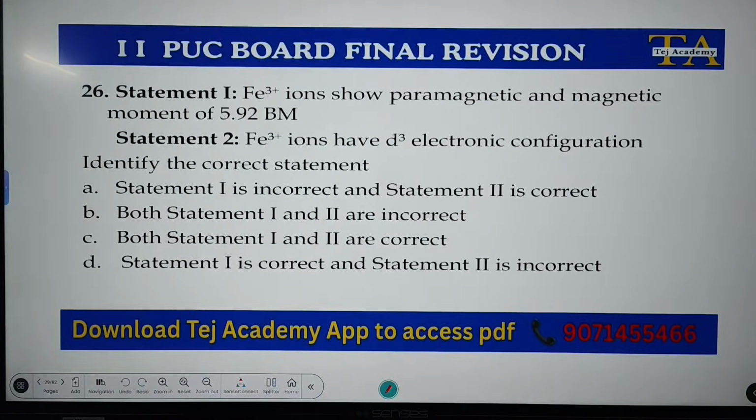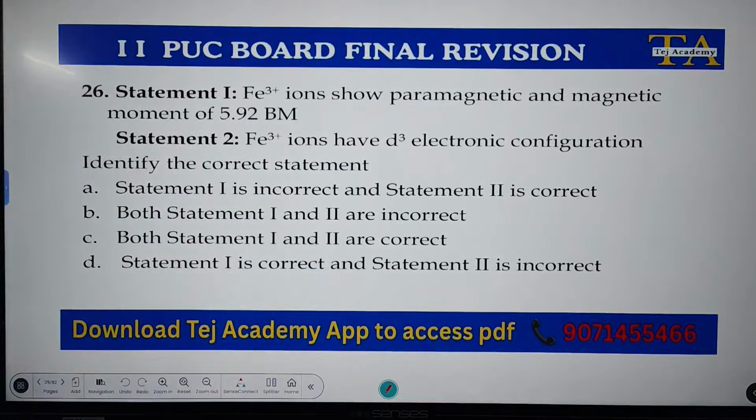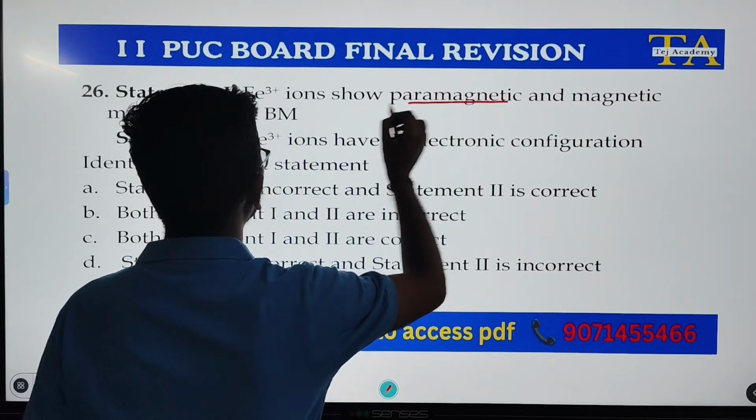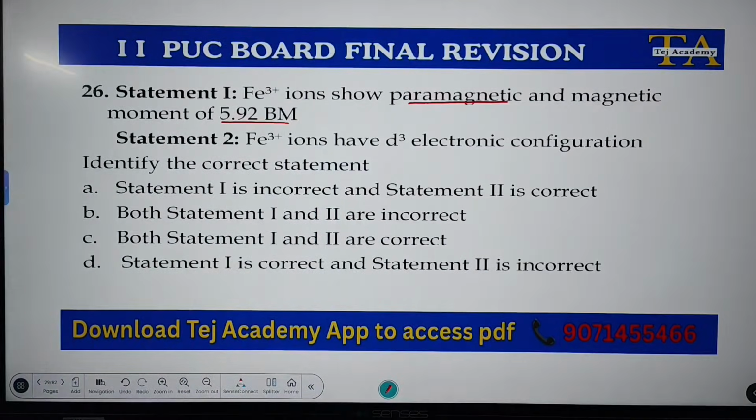For the 26th question, statement based. So statement 1, Fe3+ ion shows paramagnetism and magnetic moment of 5.92 BM. Statement 2, Fe3+ ions have d3 electronic configuration. Now, if you see here, Fe3+ is paramagnetic, correct? And it is having unpaired electrons, 5.92. But Fe3+ ion does not have d3 electronic configuration.